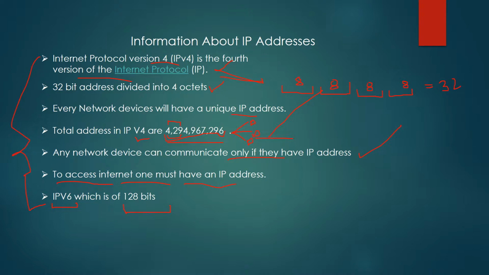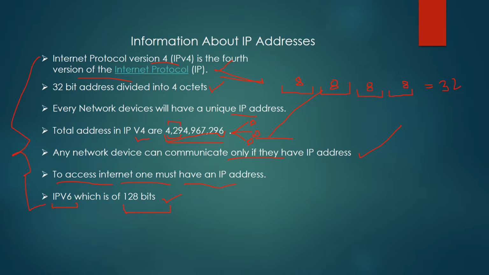IPv6, which is 128 bits. This IPv6 came into the picture when IPv4 ran short, and as you know, we have a limited number of IPv4 addresses, and the demand in the market is growing like anything. Everyone has a large number of devices, and the internet is reaching rural areas as well.